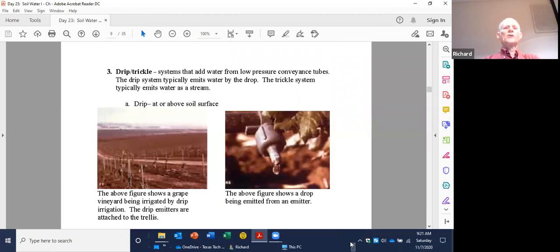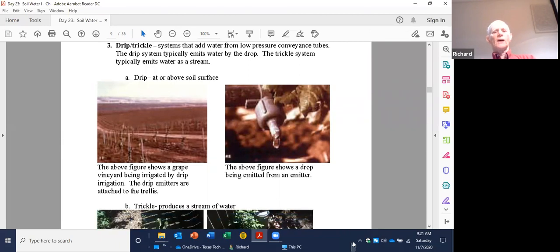A third method is the drip or trickle systems. Systems that add water from low pressure conveyance tubes. The drip system typically emits water by the drop, where the trickle system emits water as a stream. The first figure on the left is a grape vineyard in California being irrigated by drip irrigation.